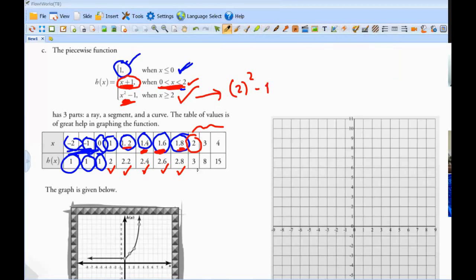It is 3, right? What about 3? 3 squared minus 1 is 8. Now 4 squared minus 1, 16 minus 1 is 15.